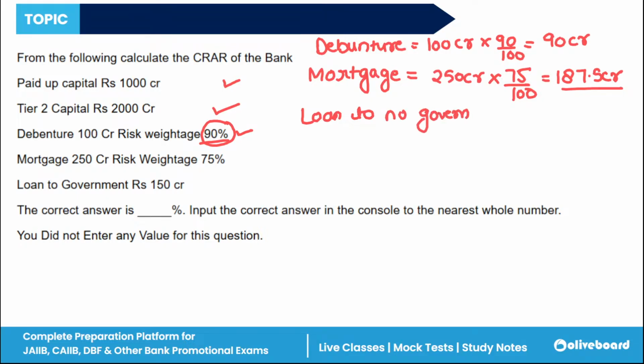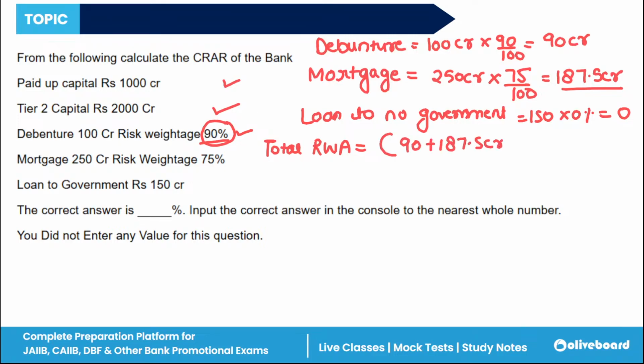So we can find here 150 crore of then 0%, which is equals to 0. So total risk weight asset is equals to 90 plus 187.5 crore plus 0, which is equals to 277.5 crore.